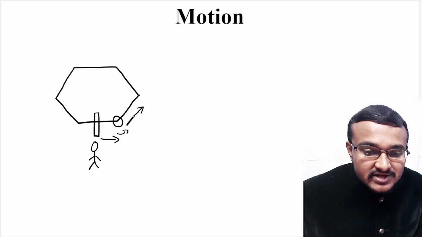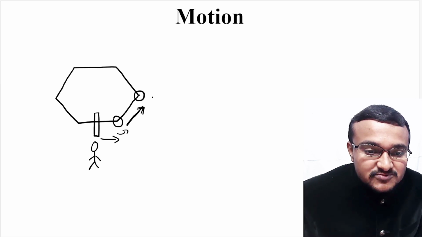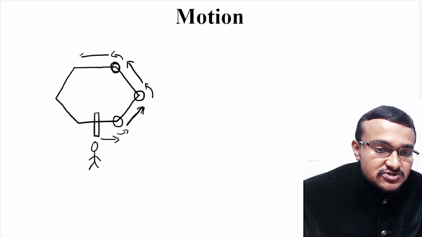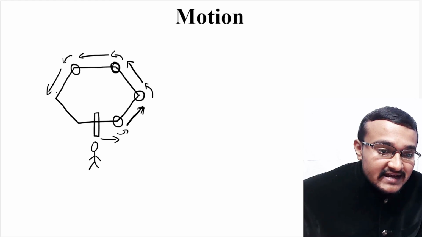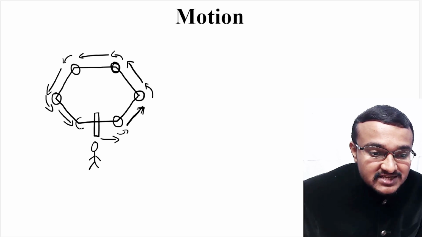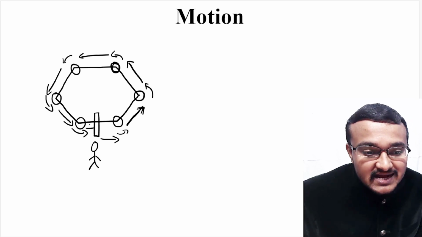Again he has to run straight along this path, and again change his direction at this point, and again run straight, and again change his direction, and again run, and again change his direction. Again he has to run, and change his direction at this position and reach the initial point.